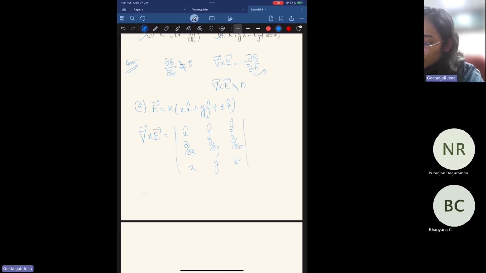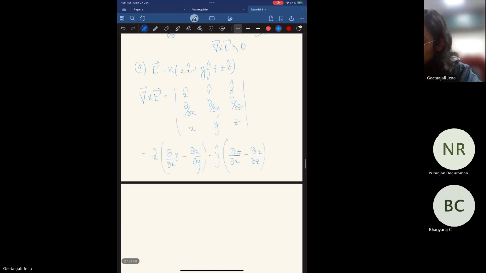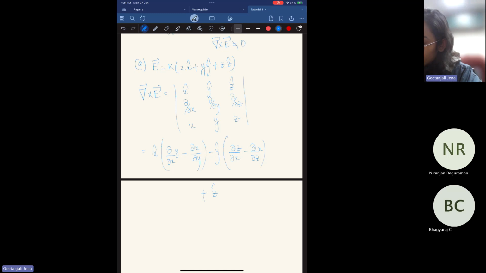If you solve it, x cap is dou by dou y of z minus dou by dou z of y, minus y cap times dou by dou x of z minus dou by dou z of x, plus z cap times dou y by dou x minus dou x by dou y.